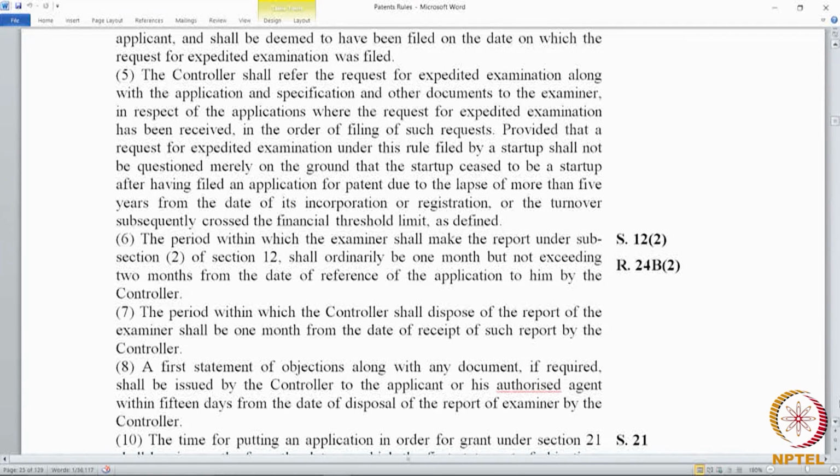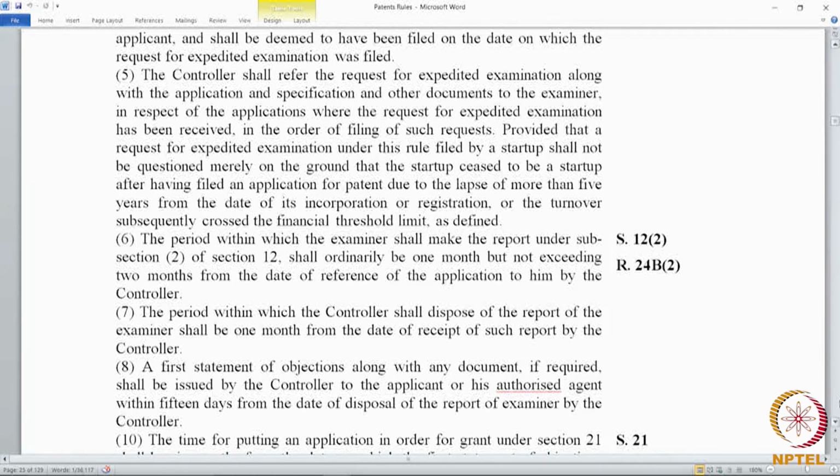Now, that technically would make the startup lose its status. But if a request for examination is filed while it was a startup, that request will proceed as though the startup still enjoys its status. It merely states that if a request for expedited examination is made, what is relevant is the point at which the request is made.